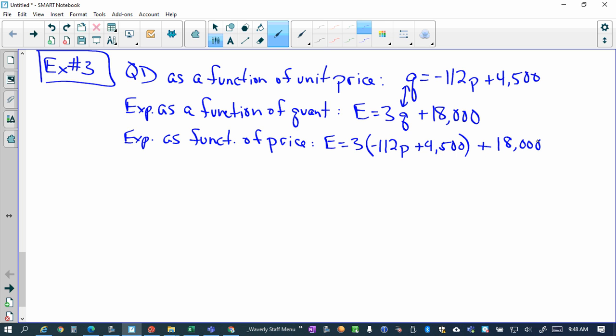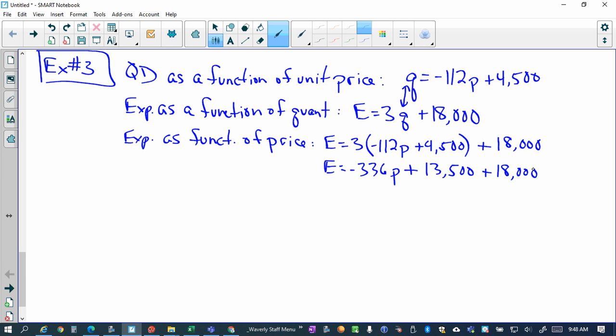So we get what? E equals negative 336P, plus, I think it comes to 13,500. Again, don't forget plus the 18,000.